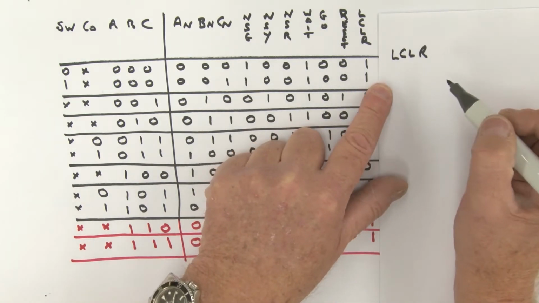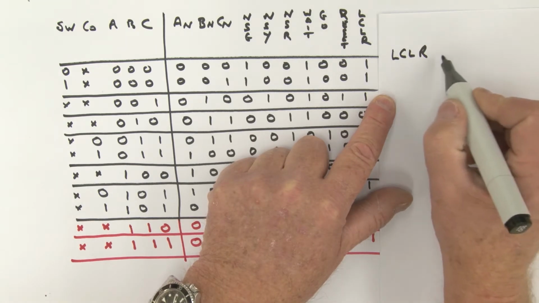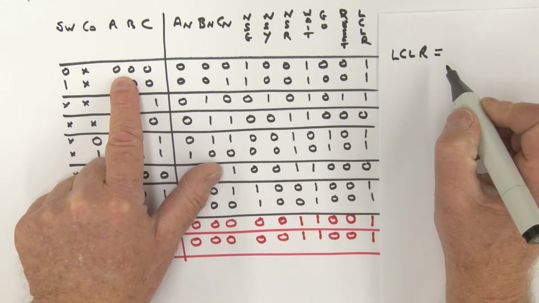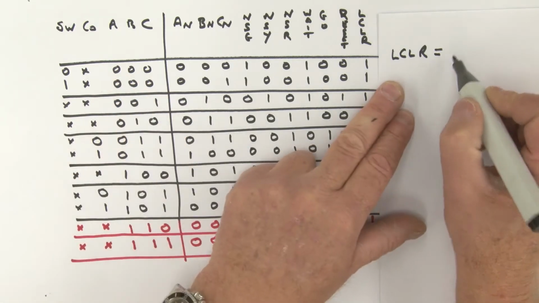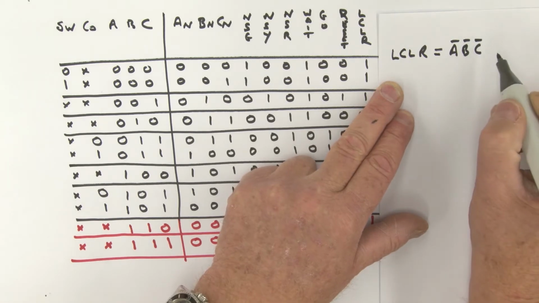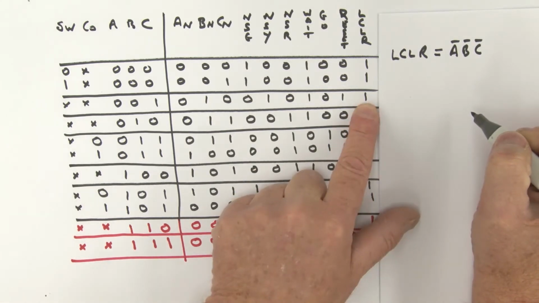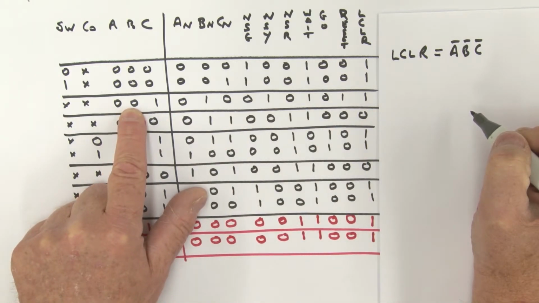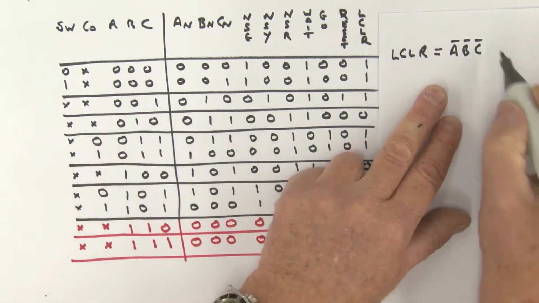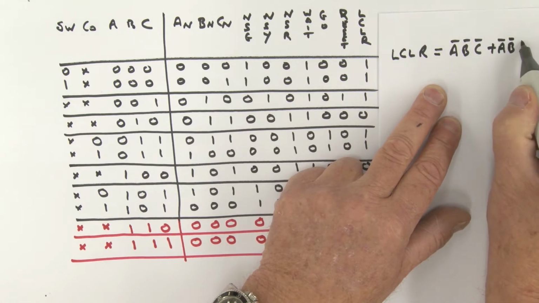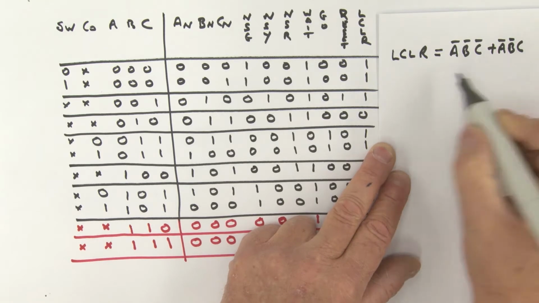So let's just write down the product terms, okay? So LCLR is equal to, well, it occurs in that state, and that's the A bar, B bar, C bar state. All right, where else? Well, it's in this state here too, isn't it? Well, what is that? A bar, B bar, C state. So that's an OR, A bar, B bar, C state, okay?